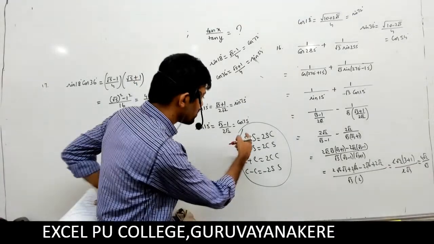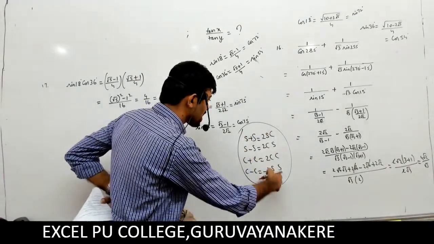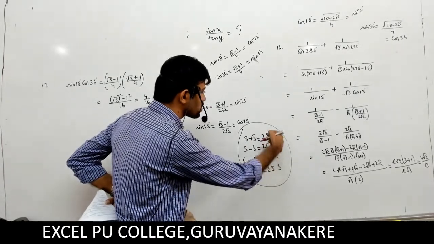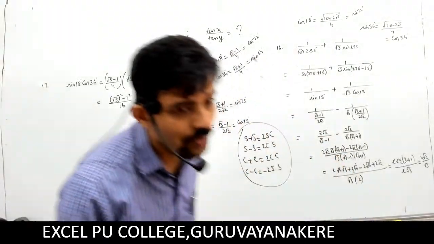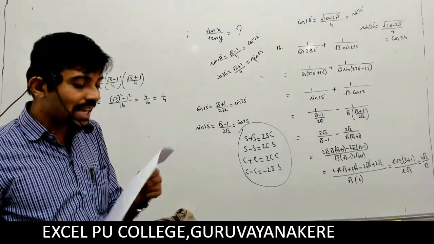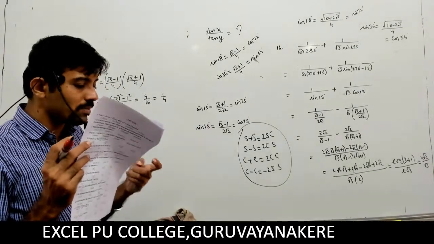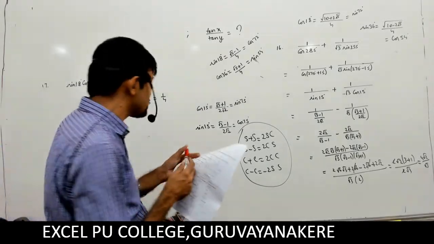The first angle is always x plus y by 2, the second angle is always x minus y by 2. Learn these transformation formulas, converting sum or difference to product. I will apply them in question number 19. Cos alpha plus cos beta is given, and sin alpha plus sin beta is given.